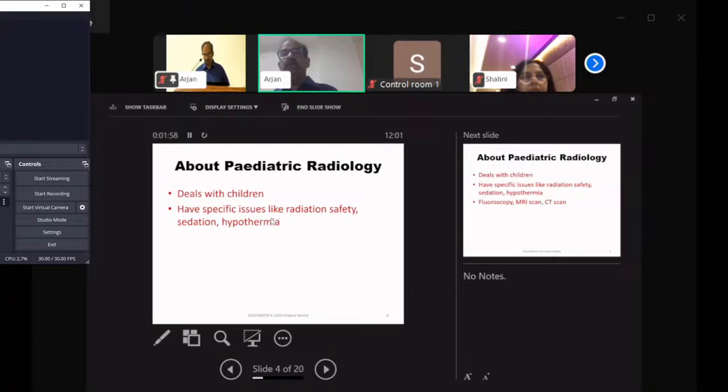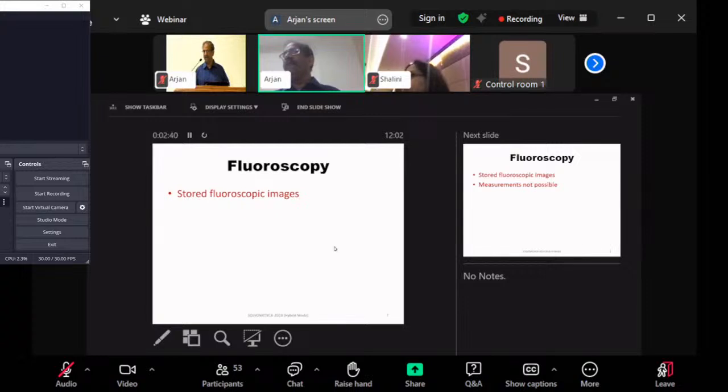So let's start with fluoroscopy. At this point I want to bring in the concept of stored fluoroscopic images, or the fluorograph. Fluoroscopy is like running a TV, a continuous relay running there, so in real time we are looking at the body movements and progress. At that point, we can decide to document a particular frame as a hard copy.